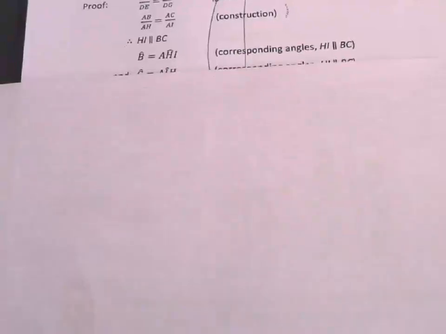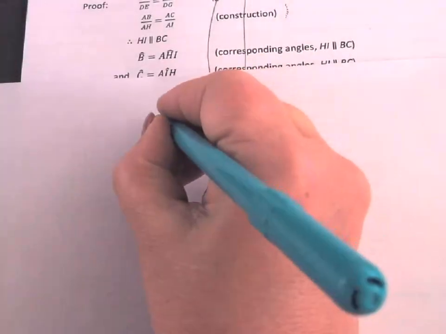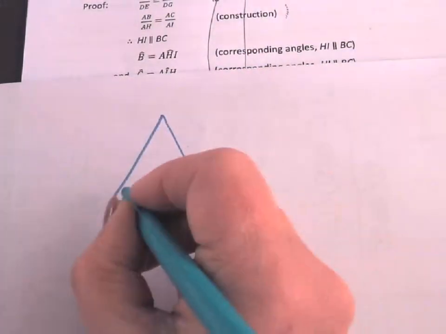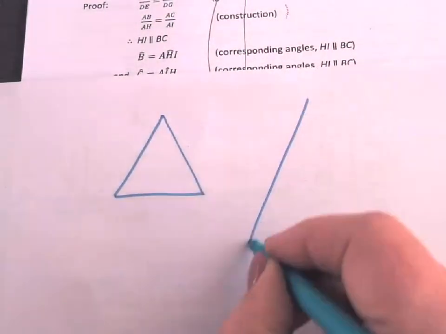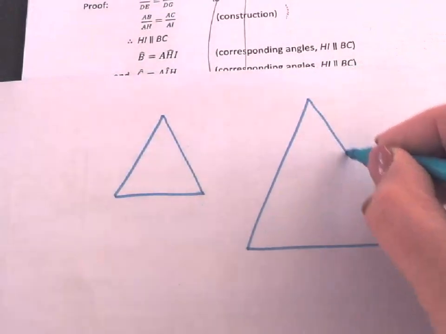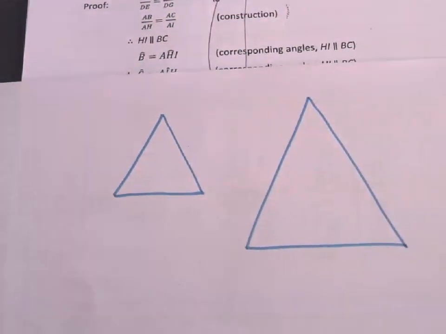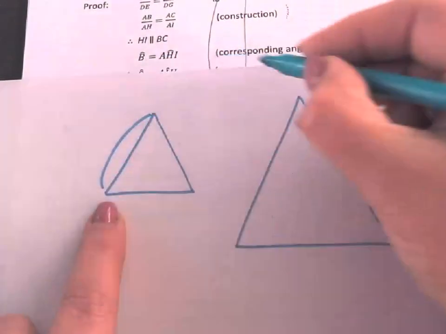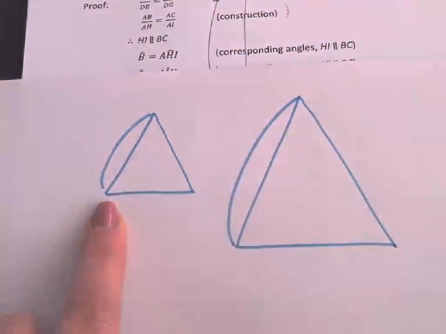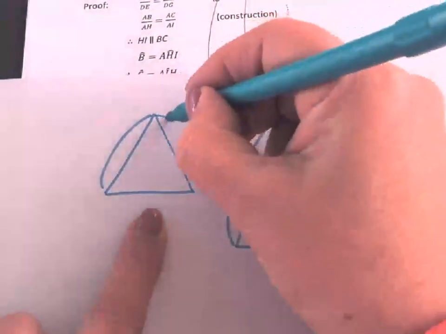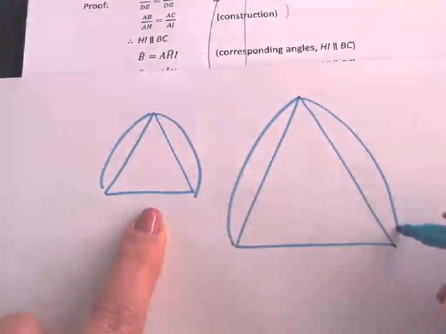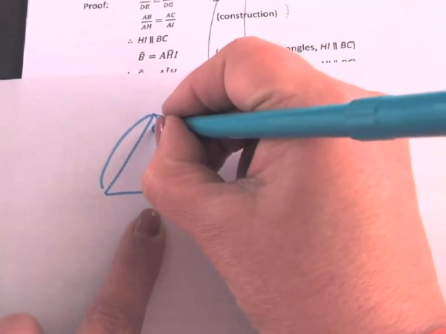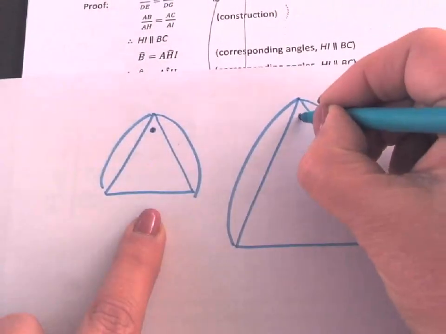The fourth theorem says, if you have a triangle and a bigger one, and you need to prove them similar, you can also prove that this proportion is equal to that proportion, and this angle is equal to that angle.